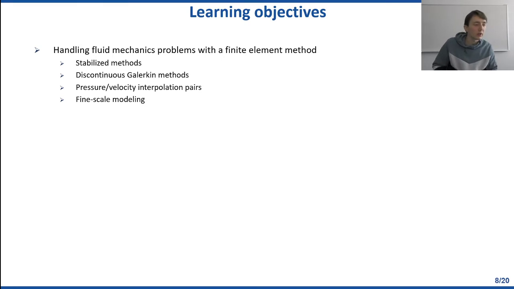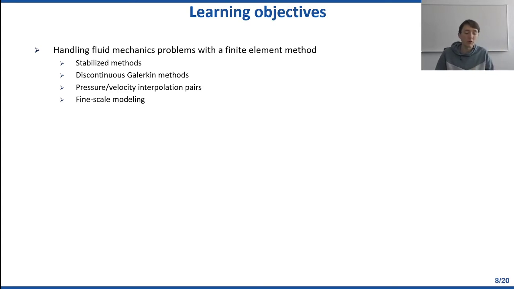So then the learning objectives of this class. Well, the title of the class is that we want to handle fluid mechanics problems with the finite element method. But as I hope I've been able to emphasize a couple of times already, this is not really what I want you to take away from this class. I want you to take away much more the analysis tools that we're developing in order to understand why we need to handle certain problems and where these problems come from.